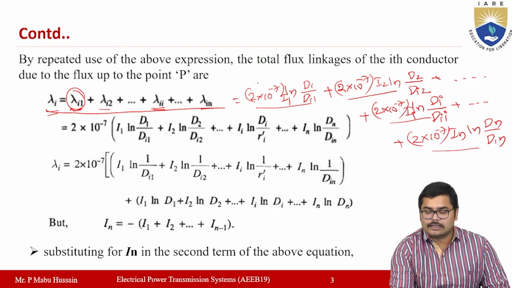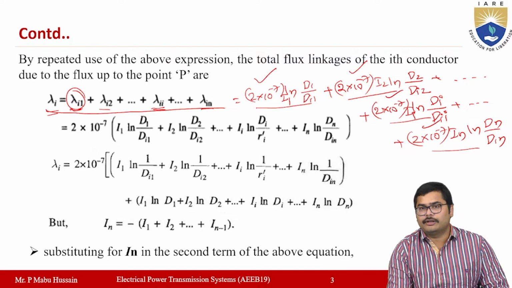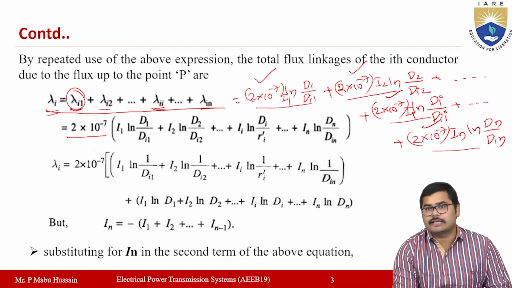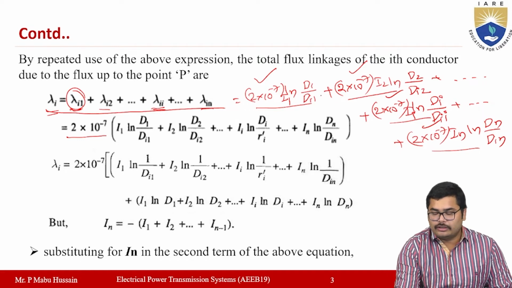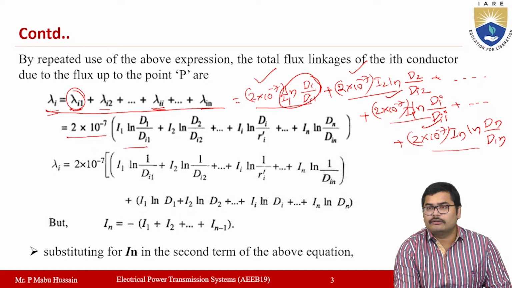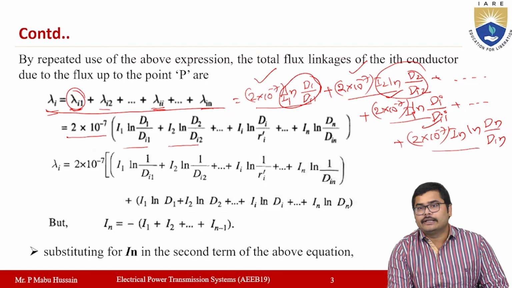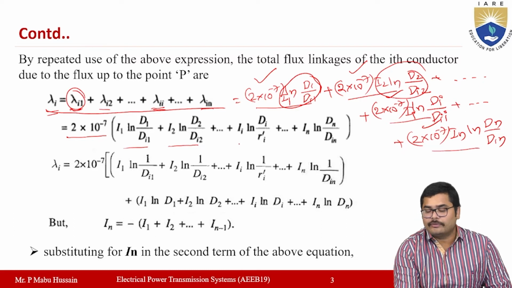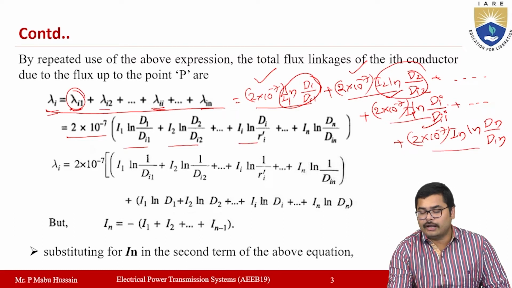Now from this expression you can take 2 into 10 power minus 7 as common. Then you have I1 into ln d1 by di1, plus I2 into ln d2 by di2, plus so on, I_i into ln di by dii.